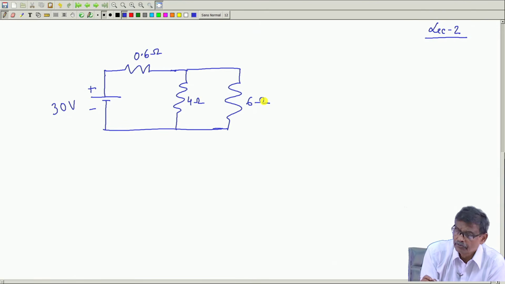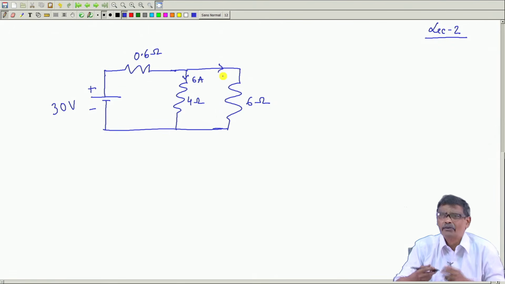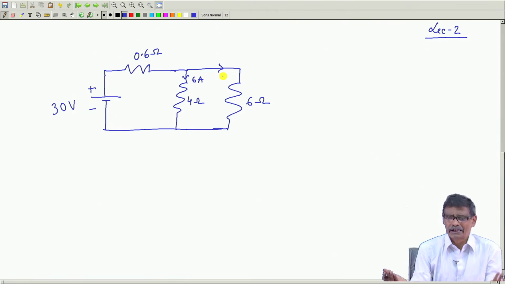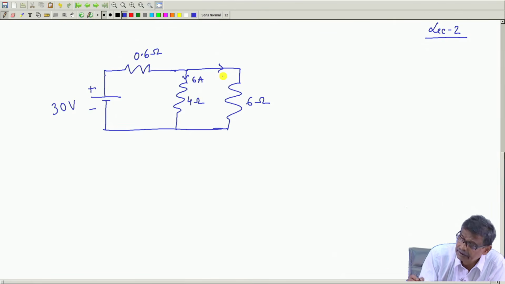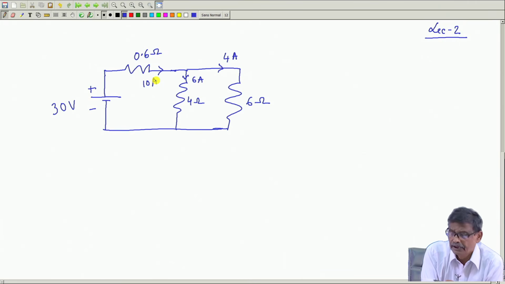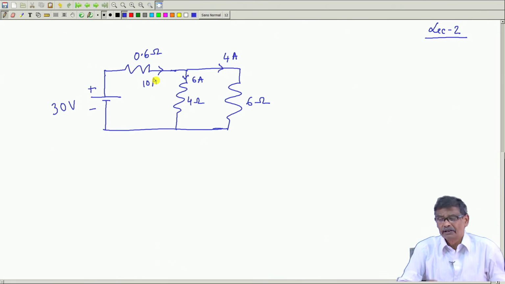And we found out various currents in the circuit. It was 6 ampere after solving the circuit from our school days knowledge, series parallel thing, and this was 4 ohm, 4 ampere and this was 10 ampere. This circuit was solved, and we then immediately can identify which of these fellows is delivering power.